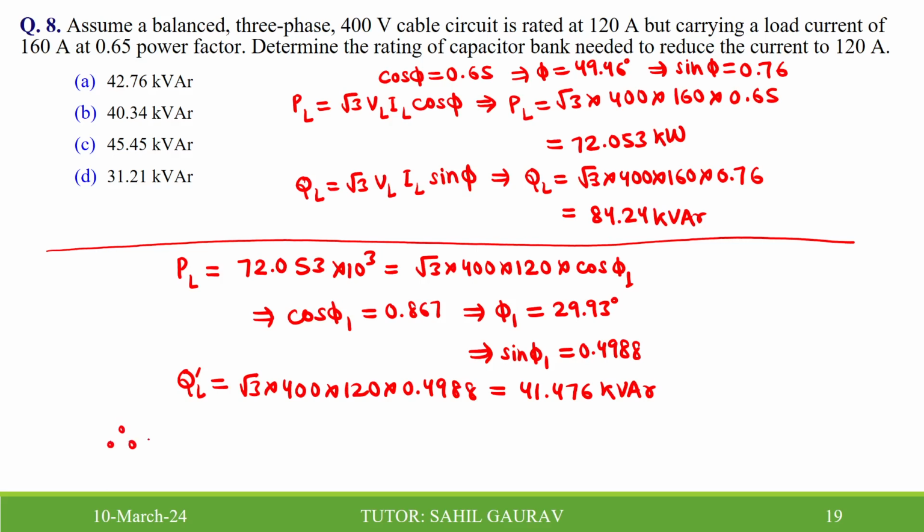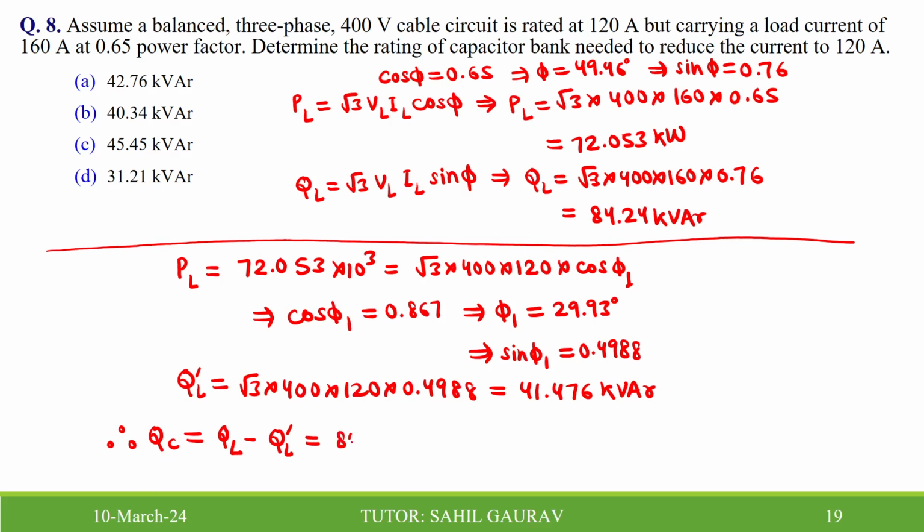Therefore you can write the rating of the capacitor bank to reduce the current to 120 ampere. That will be QL minus QL dash, because the extra reactive power is being supplied by this capacitor bank.